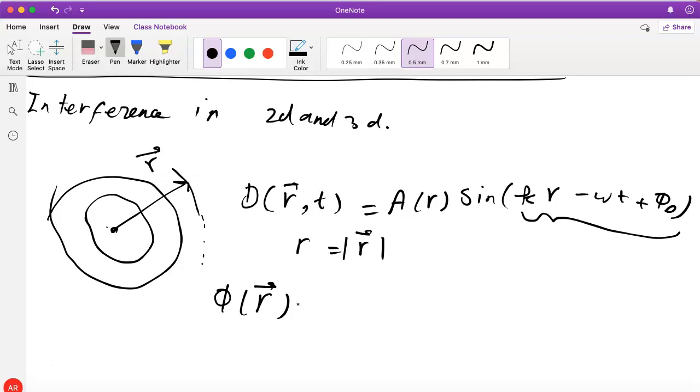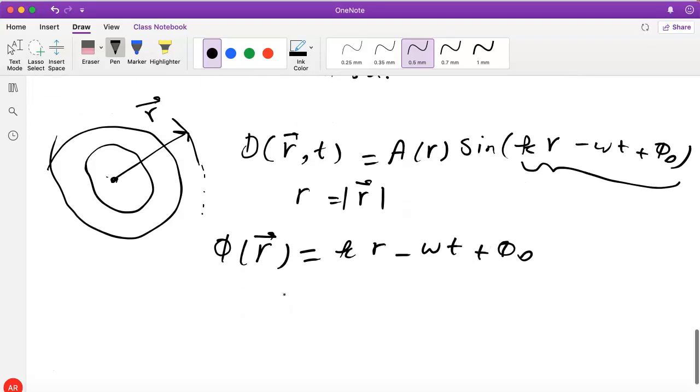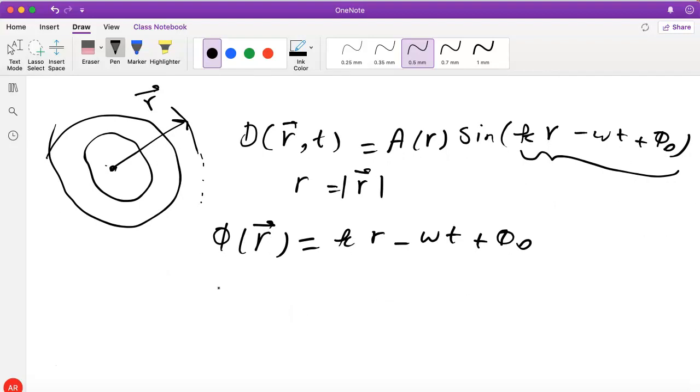But the only thing that appears in the phase, because it has to do with the distance traveled, with how far from the source you've traveled, only depends on the length of this vector. So for example, in 2D, if you say R is X times the unit vector in the X direction plus Y times the unit vector in the J direction, right?